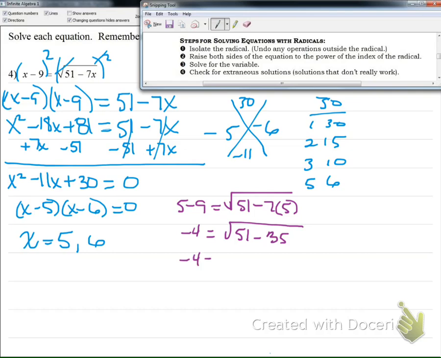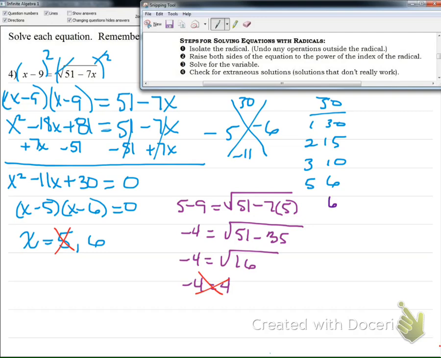Keep on bringing down that negative 4. Square root of 51 minus 35 equals 16. Negative 4 is equal to, square root of 16 is positive 4. Negative 4 does not equal positive 4, so it's not a solution. 5 is not the solution.